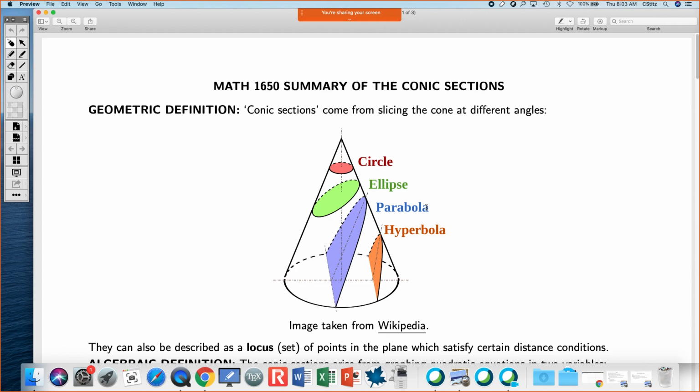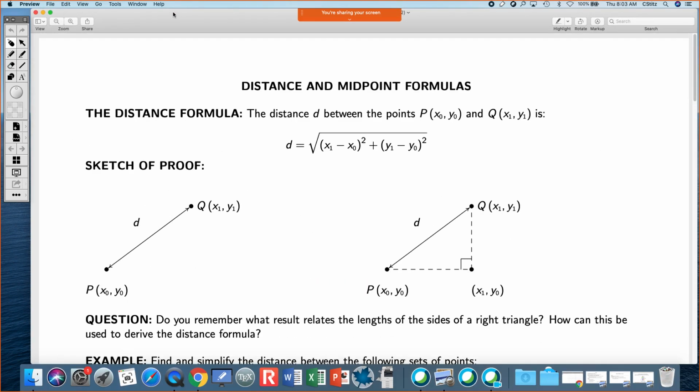It might be in more than one variable. So that's algebraically how we describe the conic sections. We can get at them using analytic geometry by using the notion of distance. So distance is another way we can describe each of these conic sections. And so let's go back and review how distance works in the plane.